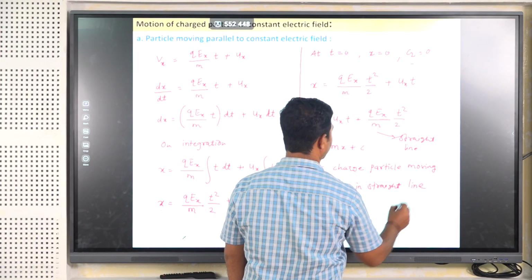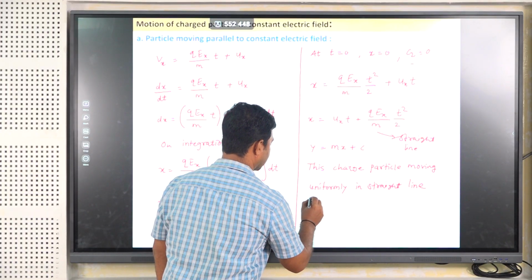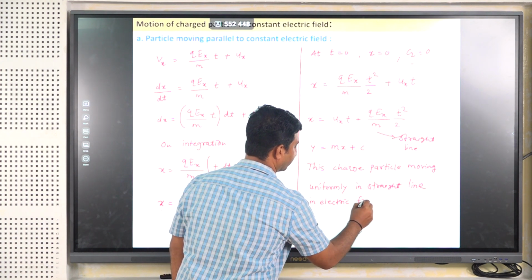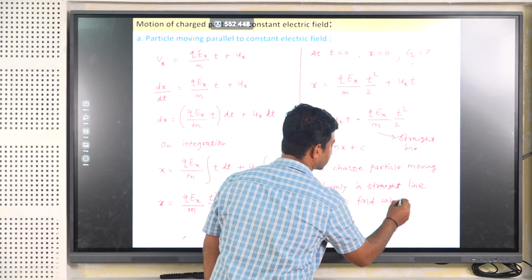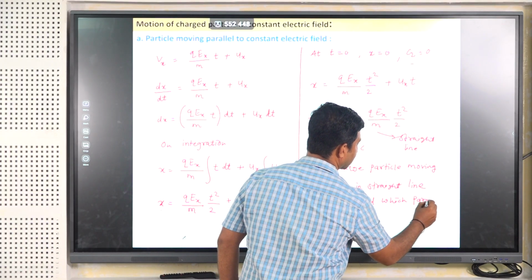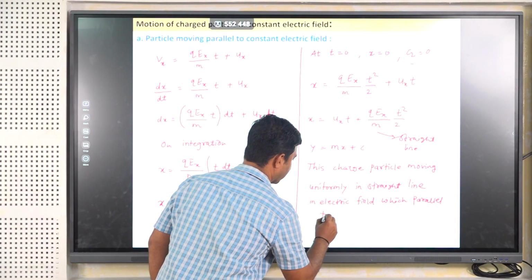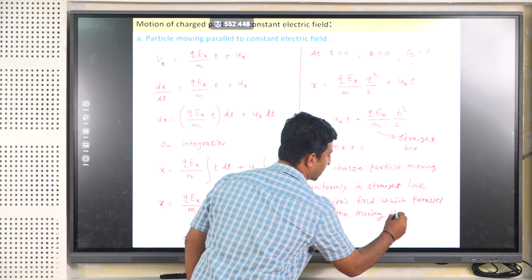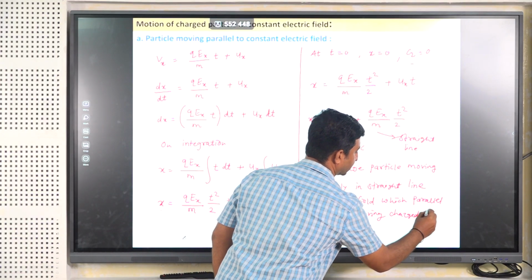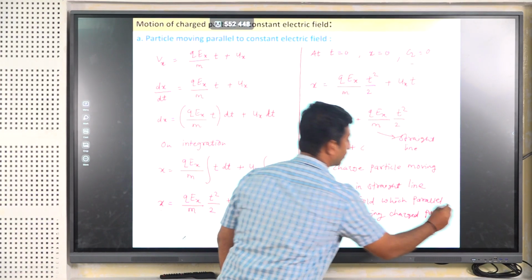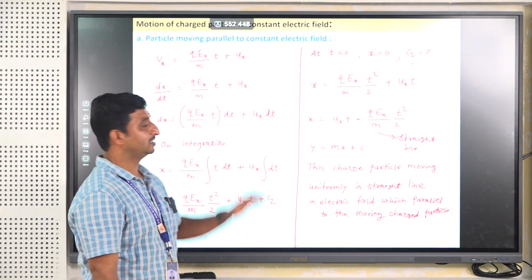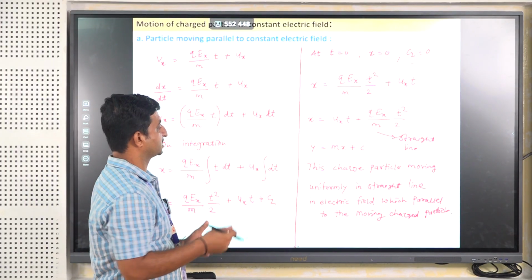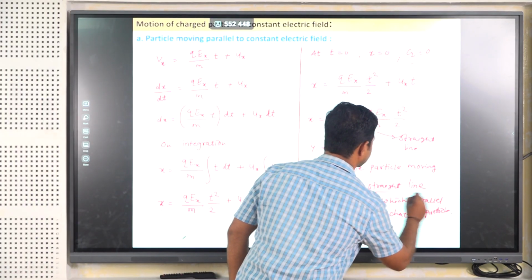The charged particle is moving uniformly in a straight line in an electric field which is parallel to the moving charged particle. Got it? So in this way, finally we can say that when the electric field is parallel to the charged particle, the moving charged particle moves in a straight line.